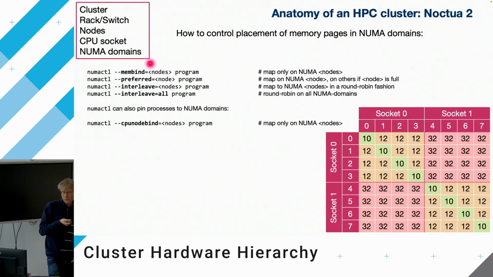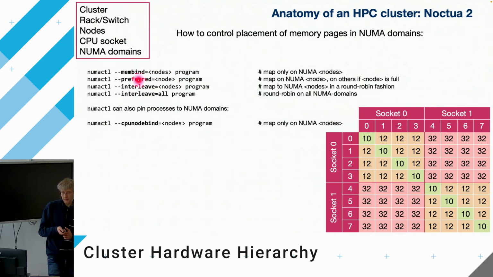You can also use numactl for some configurations of your program, for benchmarks. As we will see in the hands-on, you can use numactl to decide where the memory should be stored by the operating system if you run your program with this command.